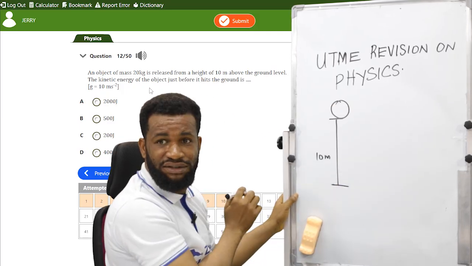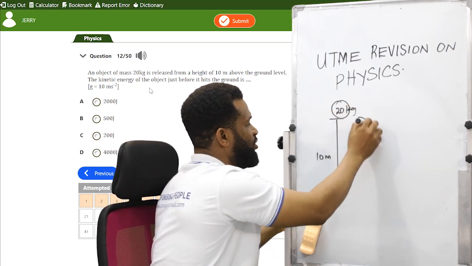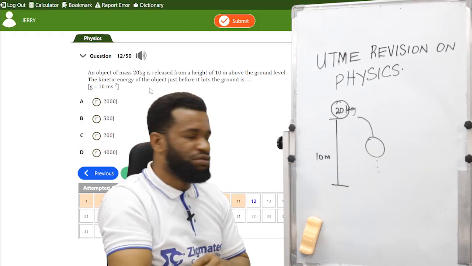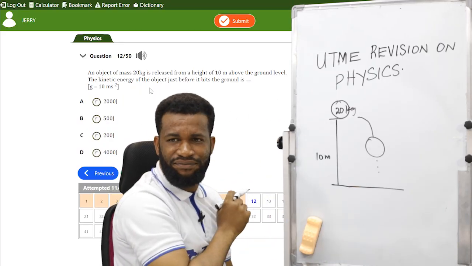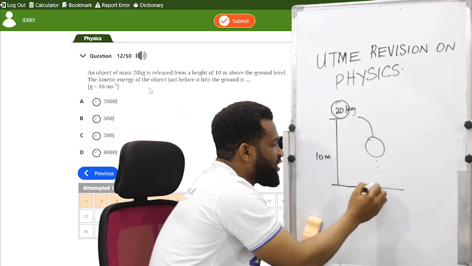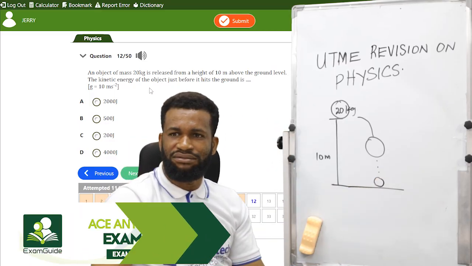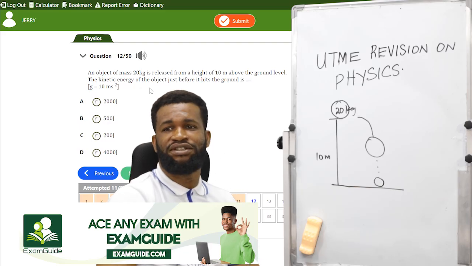This is the body, 20 kilograms. So it is released to be falling. As it is falling down, we want to find the velocity and the kinetic energy of this body just before it hits the ground.